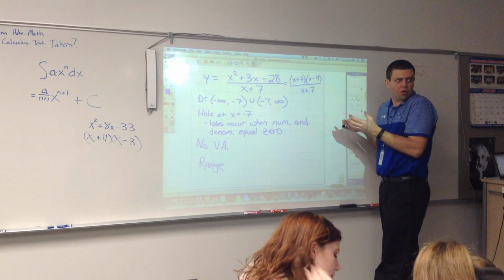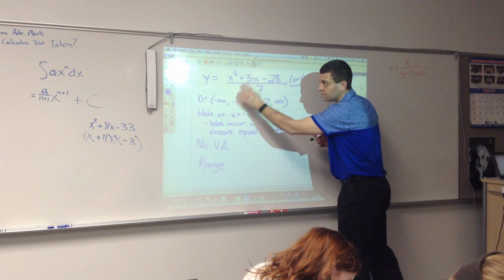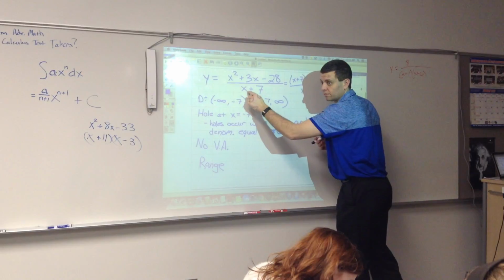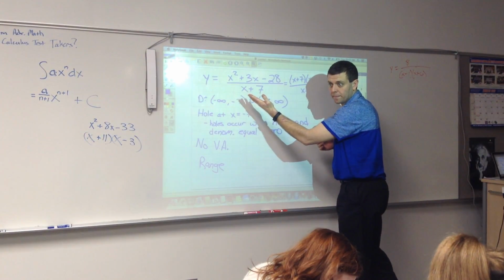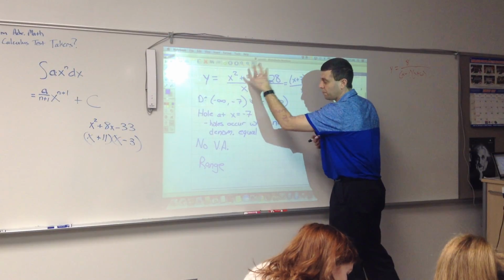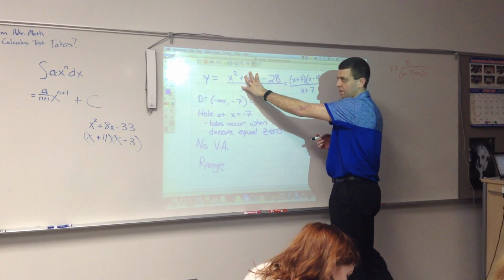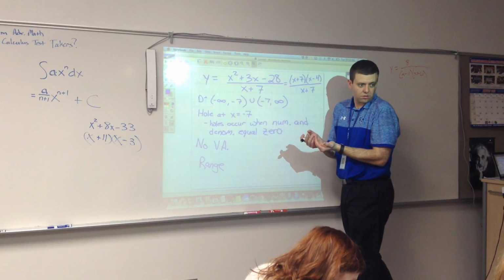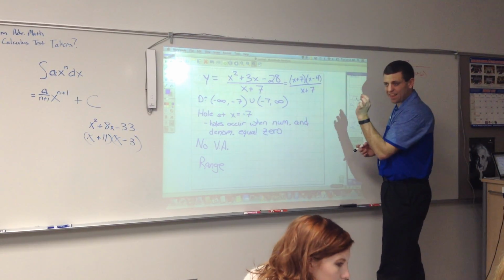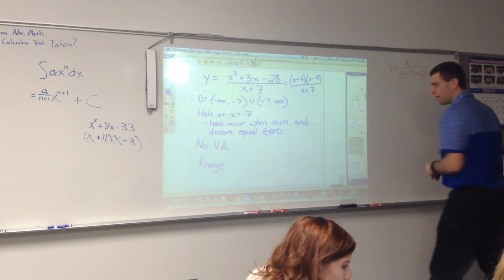But why isn't that coordinate actually on this graph? There's a hole at negative 7. It can't go through that point. If I try to plug negative 7 into the actual function, you'll get an error message.